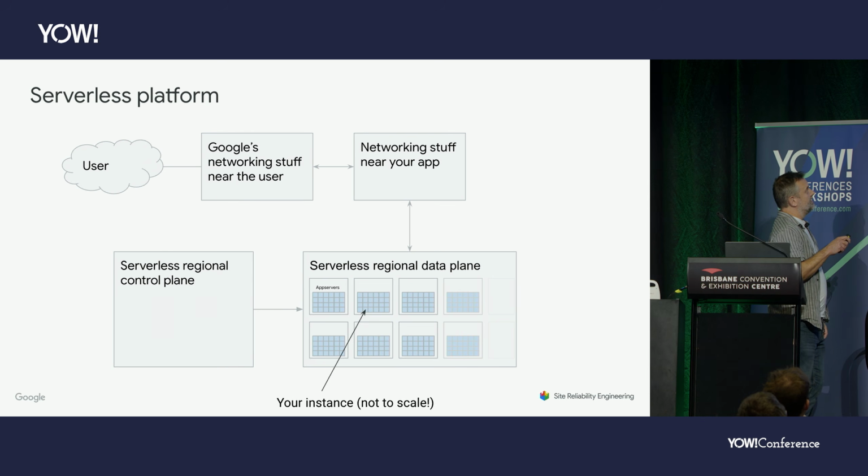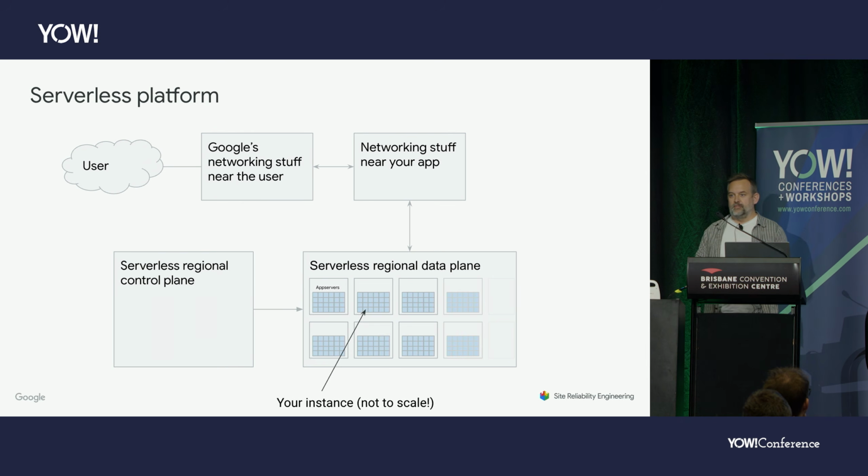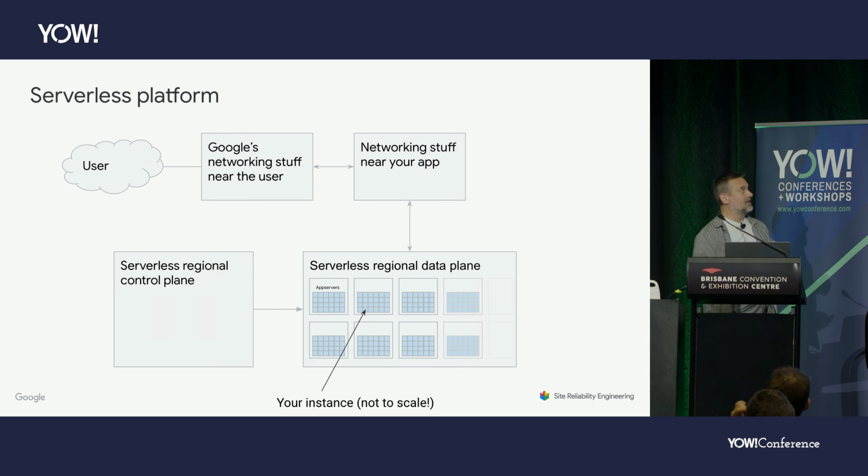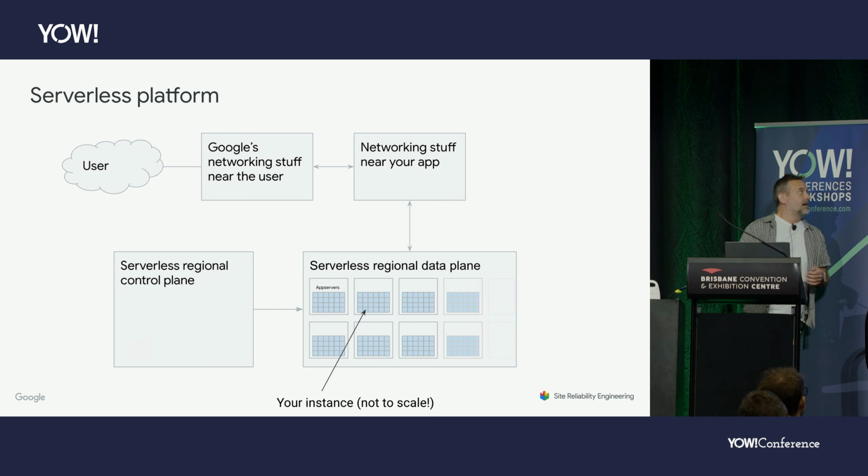When traffic comes in, it first of all goes to a networking component near the user. The user may be in a completely different part of the world from the container that's going to serve their traffic. So firstly, their request is going to go to this networking component near the user, and then it's going to be routed to another networking component here that's near the app. And then this component is in charge of actually working out where to send it.